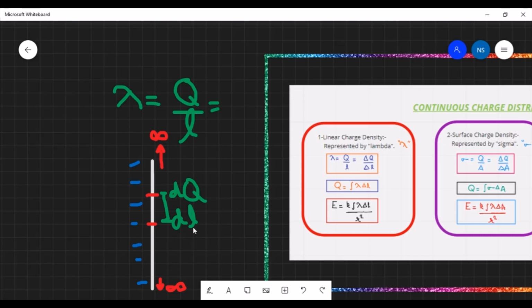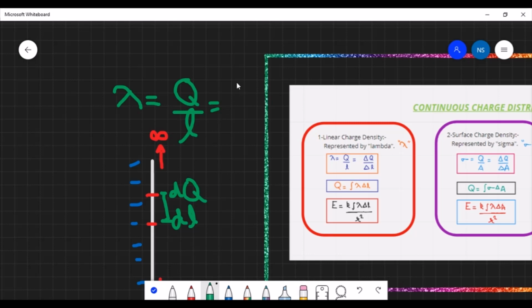From this dq and dl we can write delta q and delta l, so we get the lambda value is equal to delta q divided by delta l. Delta is used because it might be changing. It depends on us what part we are taking. Therefore we have taken delta q by delta l.